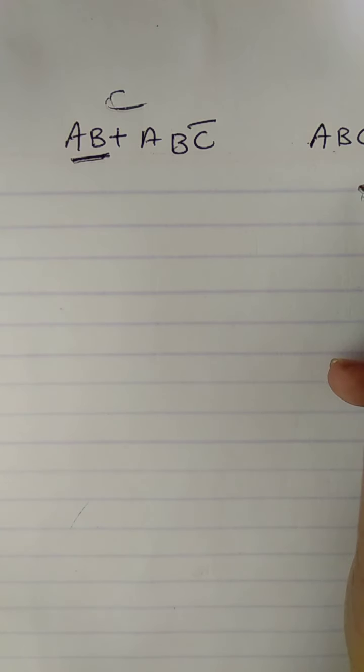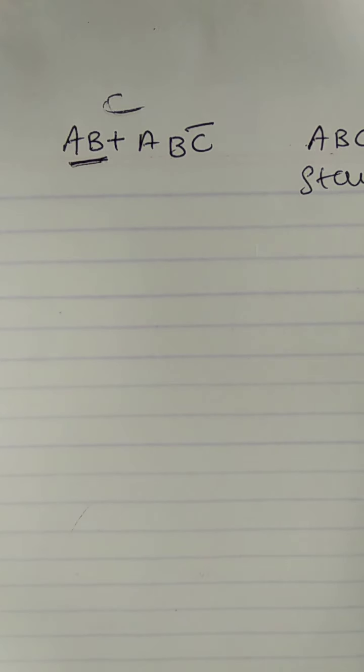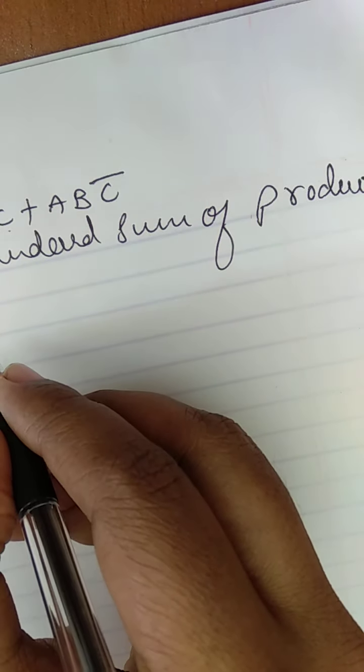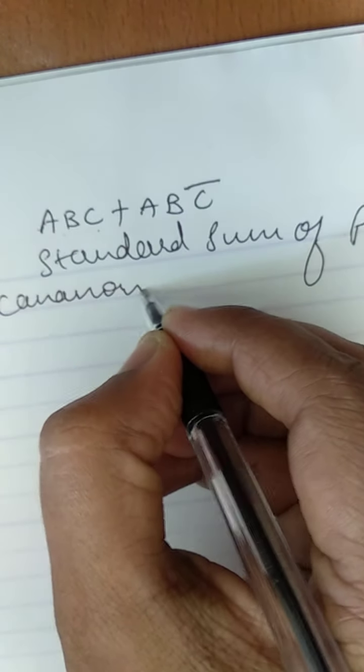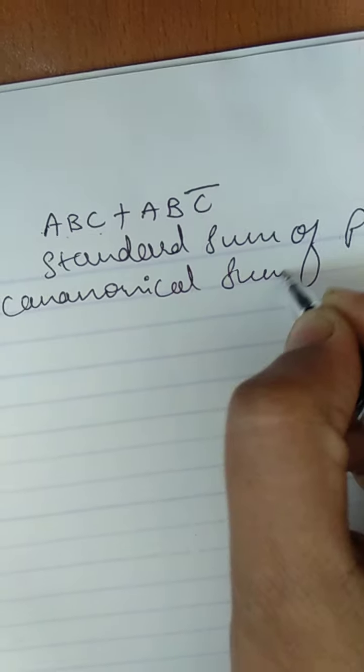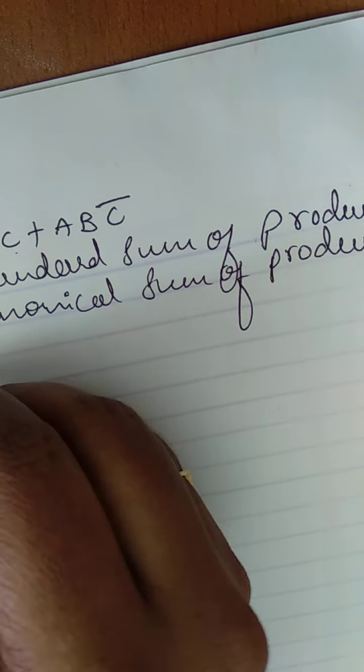If each product contains all the literals, then it is known as a standard sum of product. It is also called canonical sum of product form.